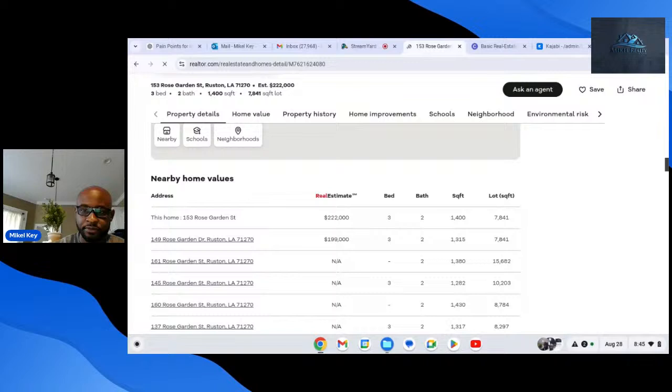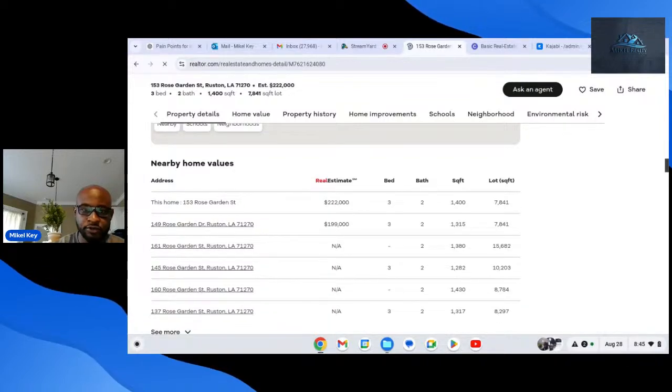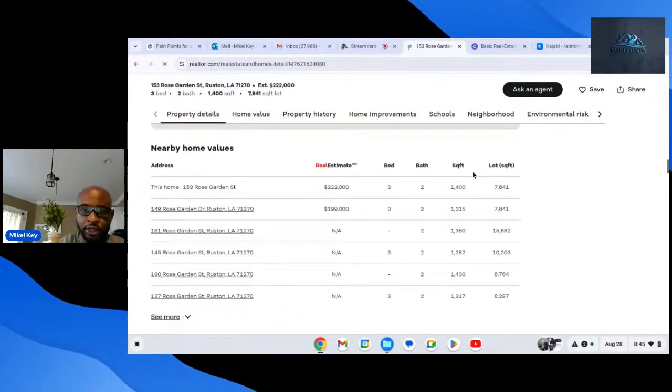It also gives you comps for your area. As you can see, 149 Rose Garden, 3-bedroom, 2-bath, 1,315 square foot.